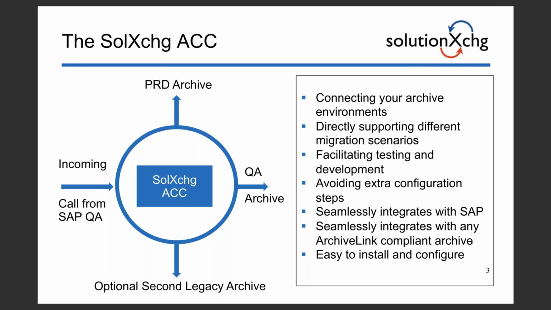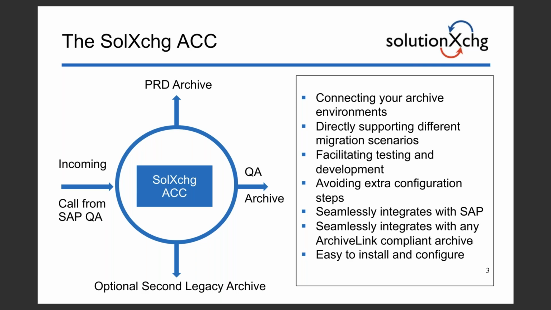So the idea is here, roughly, before we go into a little bit more detail, you get an incoming call from an SAP QA system. You want to route that call, depending on what use scenario you're looking at, either to a QA archive for creating documents and retrieving documents that you previously created in your QA system.